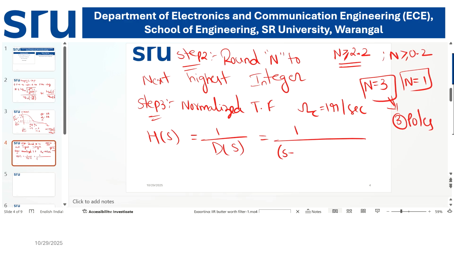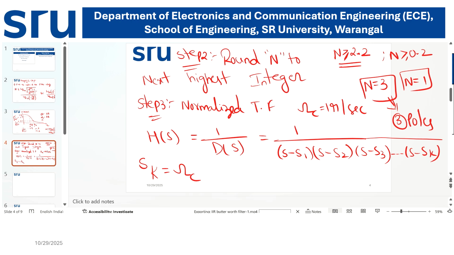We can write it as (s minus first pole)(s minus second pole)(s minus third pole). If it is a kth order filter, then we have s minus sk, where sk, the kth pole, we can determine using the cutoff frequency times e to the power j phi k, where k starts from 1 and ends with the order of the filter.